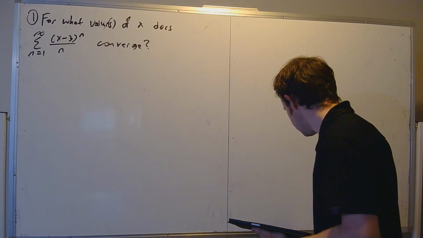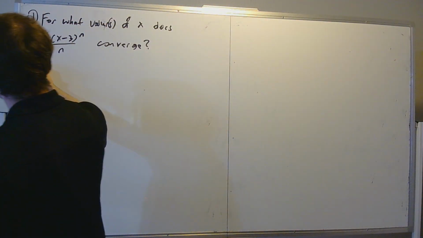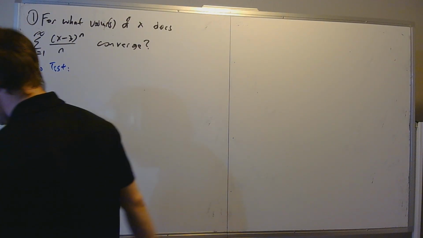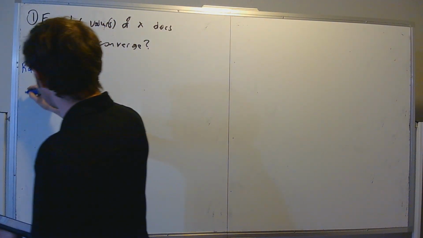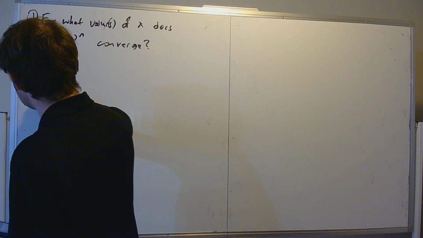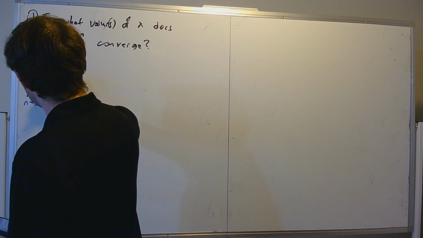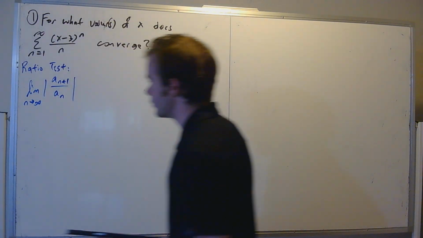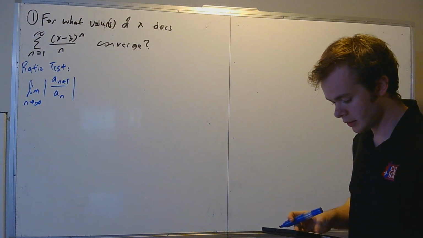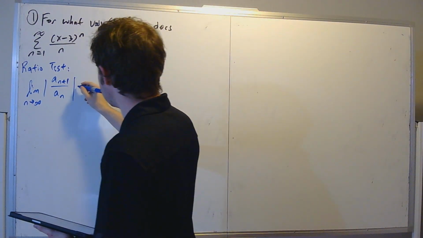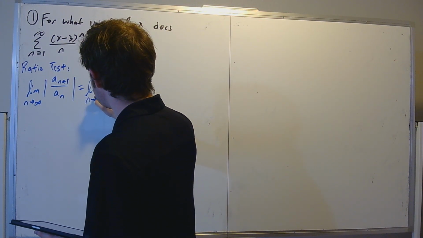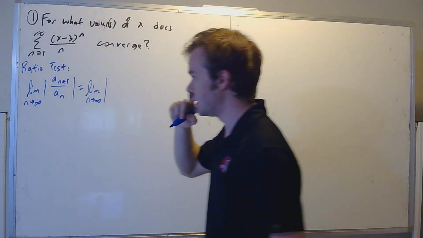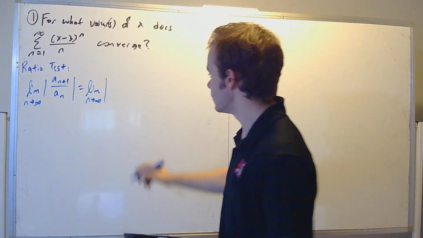Okay, so for the ratio test, we always want to find the limit as n goes to infinity of the absolute value of a sub n plus 1 over a sub n. That's always what we're trying to find for the ratio test. So if we calculate this, this is the limit as n goes to infinity of the absolute value of, here we plug in n plus 1 to get a sub n plus 1.